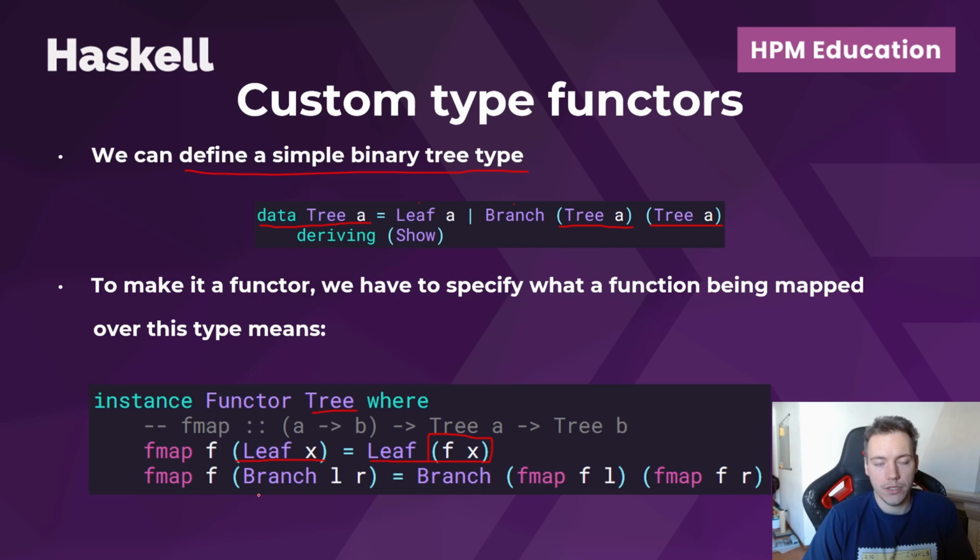What about branch? If we encounter a branch, which we know has two children, we'll call them left and right here, then since the branch does not carry a value on its own, we don't have a value to apply the function f2 to.